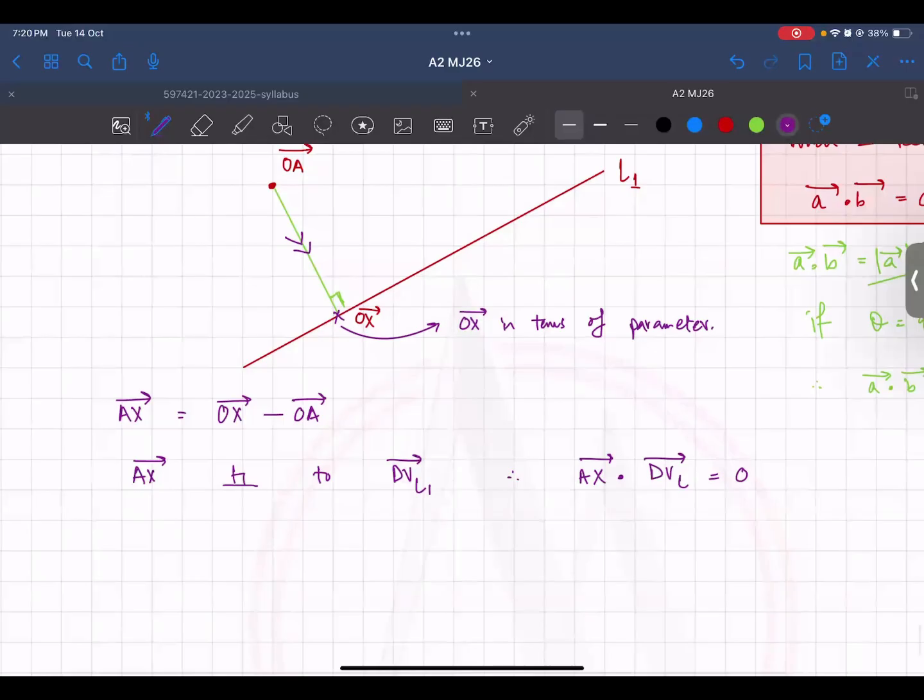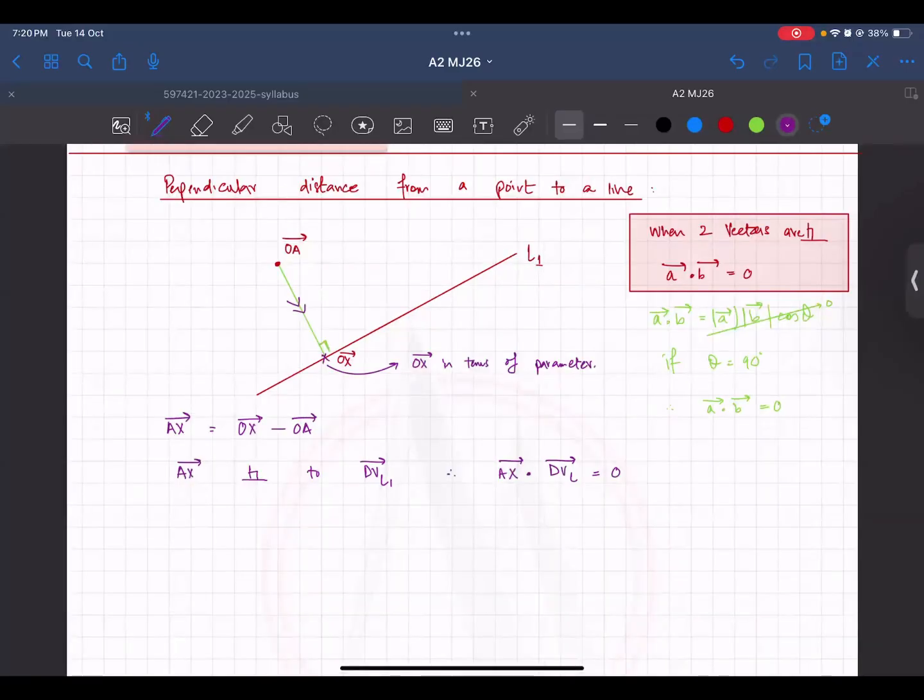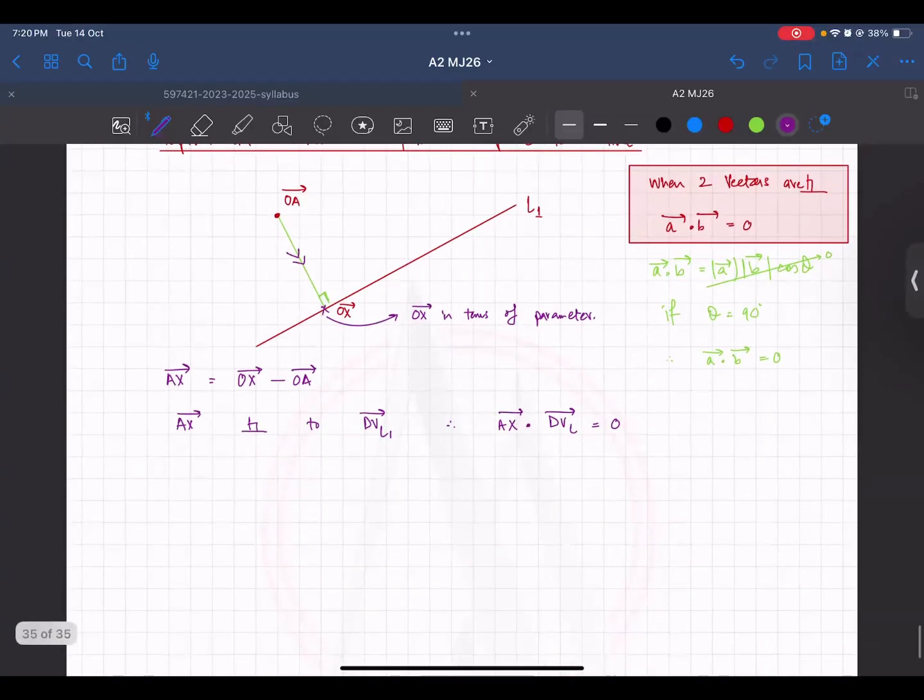because when two vectors are perpendicular, their dot product is 0. Using this, find the value of the parameter when this happens. Then you can use this value of the parameter to get the point X, or the vector AX, and then you find the distance.